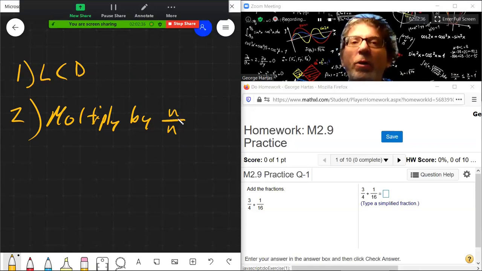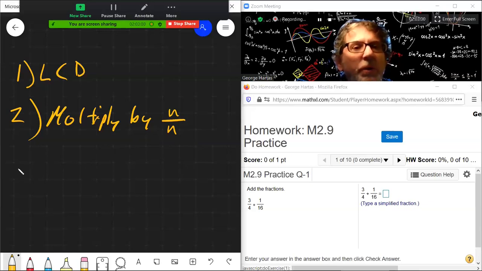So that's what n over n means. N is the number we multiply by the denominator to get the LCD, and n over n, whatever number it is, over itself is 1. So we're not really changing the value of the fraction, we're changing its size.